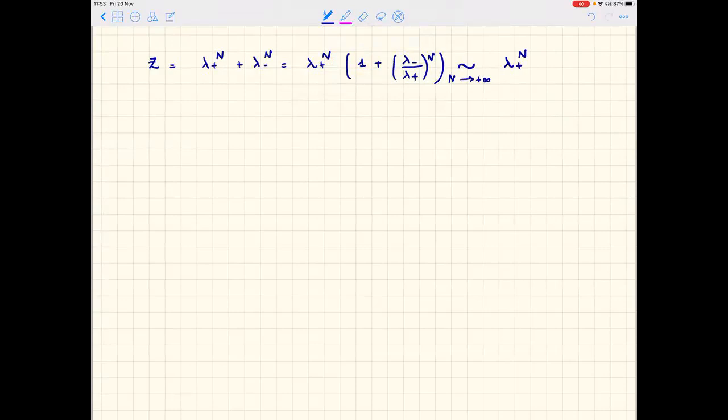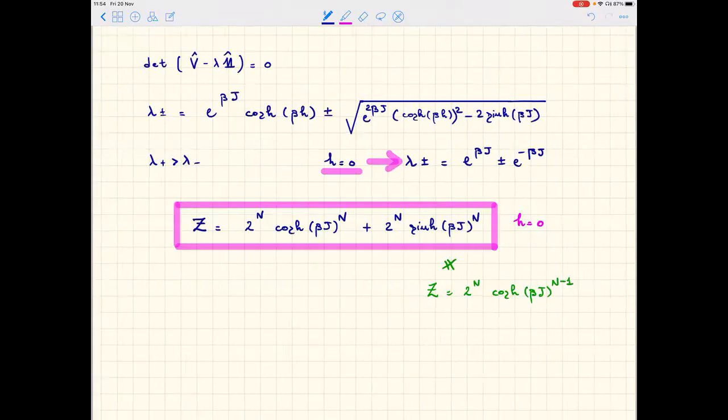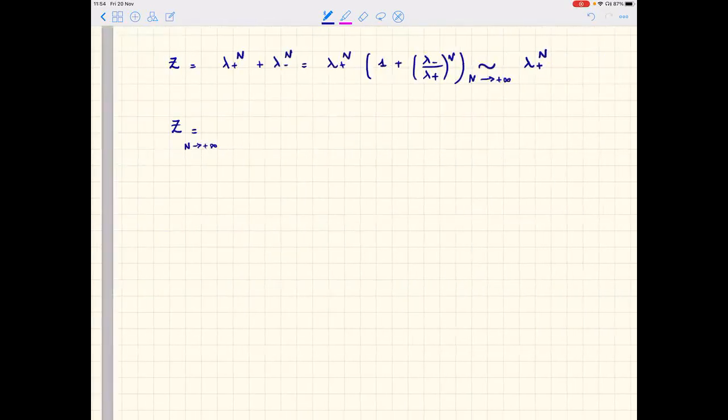So in other words, in the limit for N going to infinity, what matters is the largest eigenvalue of the transfer matrix. And now, if I go back to what I had, the largest eigenvalue was e to the beta j plus e to the minus beta j, which is equal to 2 cosine hyperbolic beta j.